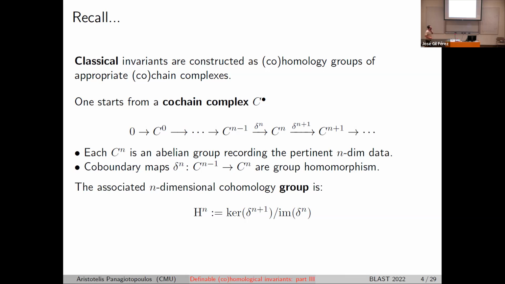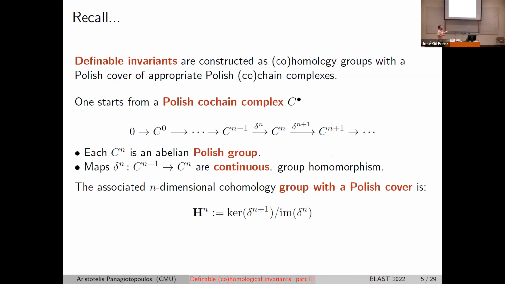Right. So now the point here is that what we want to do, and what we actually did, as a matter of fact, what we thoroughly explained and saw how these objects behave, is that to turn them into definable invariants, we have first to check the constructions. How does it work? We have these objects, and from the objects we associate some chain or cochain complexes, and from these chain and cochain complexes you get the cohomology groups, right?